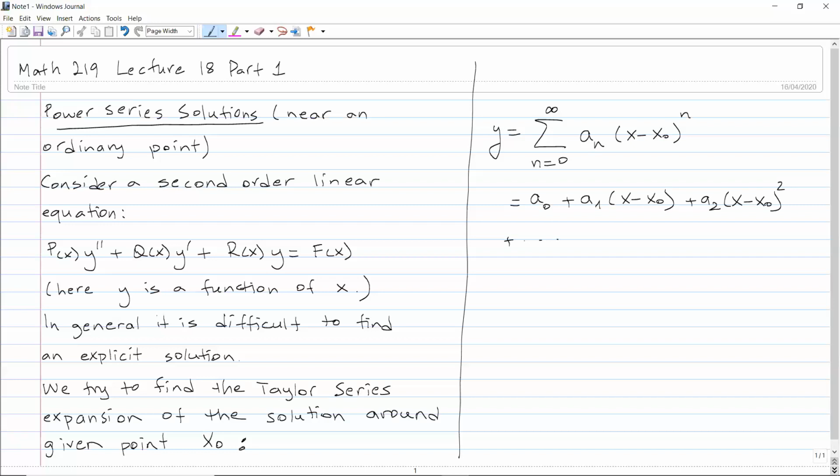So finding the Taylor series means determining the coefficients an.